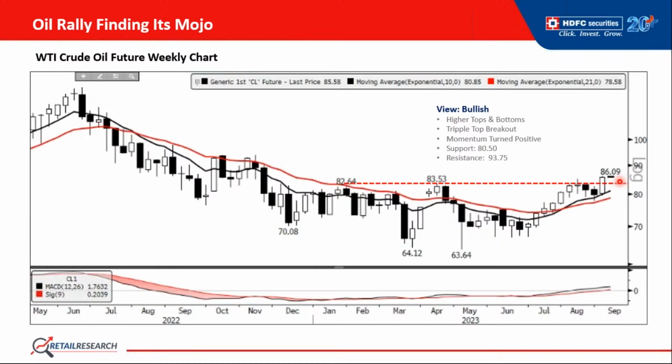Going ahead, there is a support somewhere around 80.50, while on the higher side a level of 94 can be seen. The risk is particularly for countries like us, which are more dependent on imports. Somewhere around 85% of our domestic need is satisfied through imports.